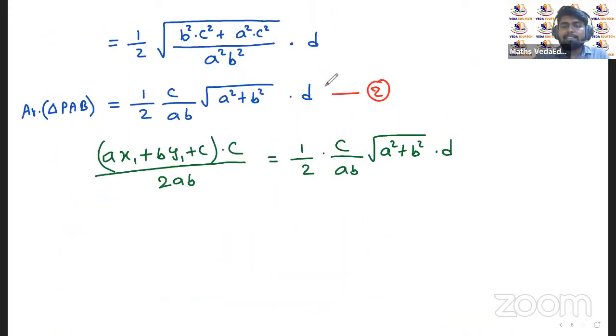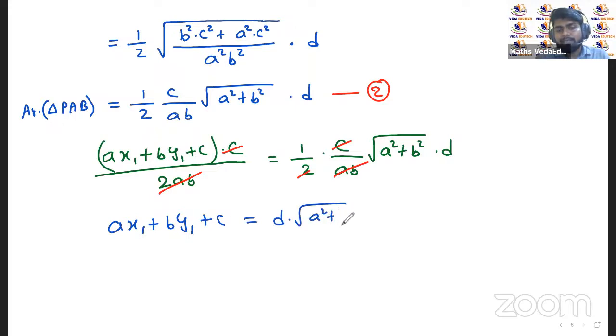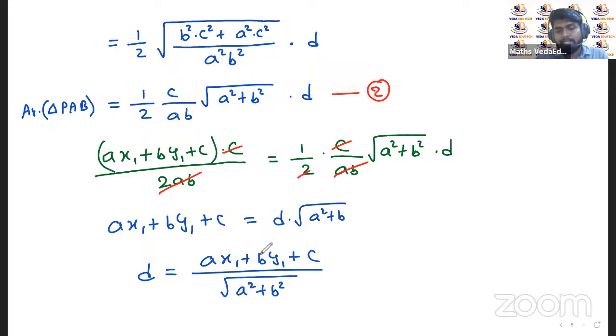So here we can cancel this C, AB, or basically 2AB. We will be left with AX1 plus BY1 plus C equal to D times square root of A squared plus B squared. Finally, the D value is AX1 plus BY1 plus C whole divided by square root of A squared plus B squared.